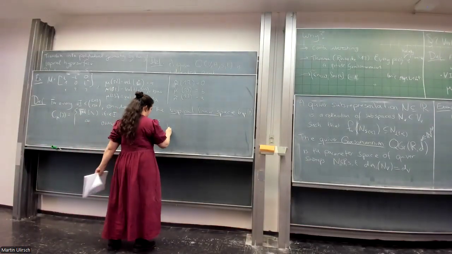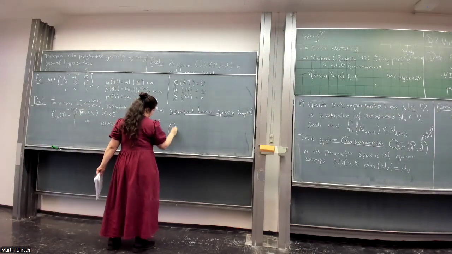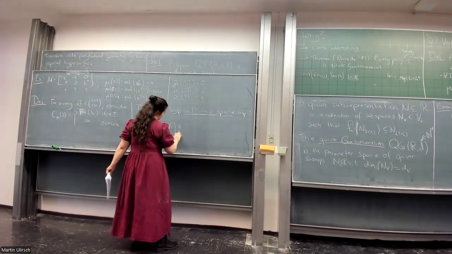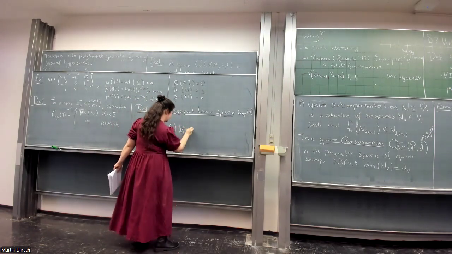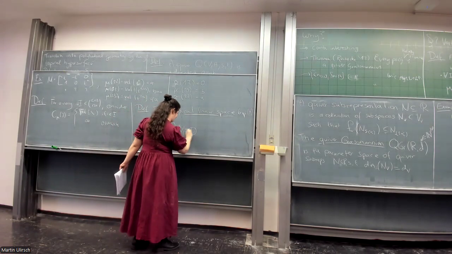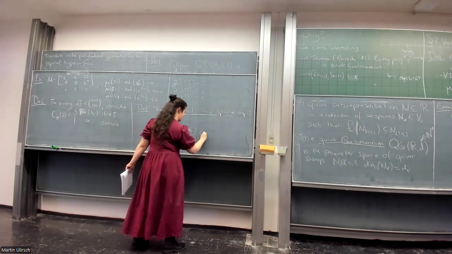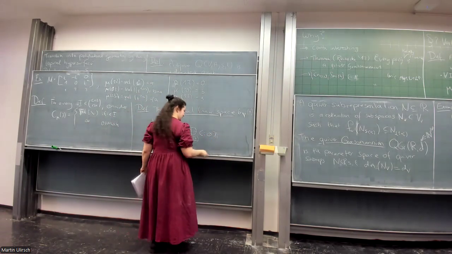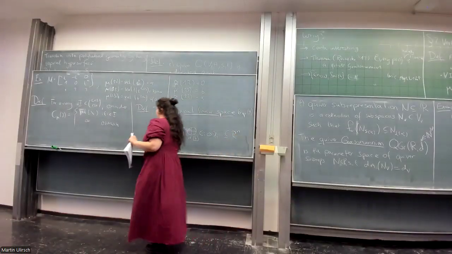It is the intersection over all I of the tropical sum of C_i tropical times X_i inside of R^n.